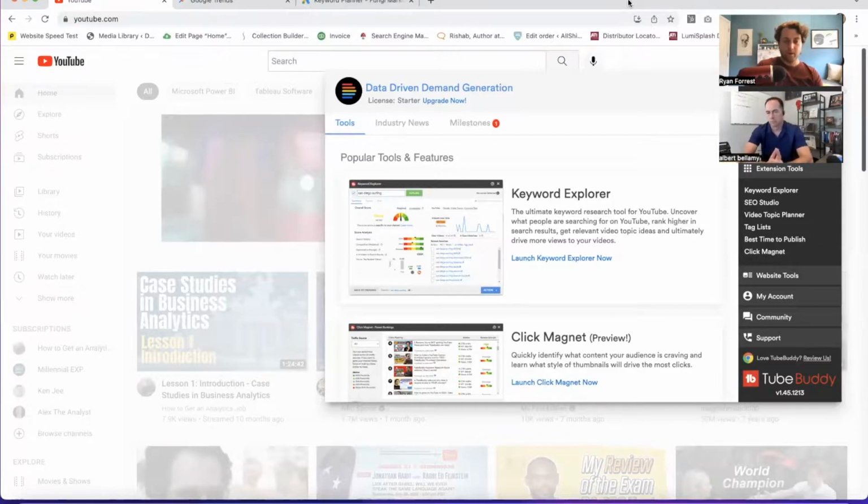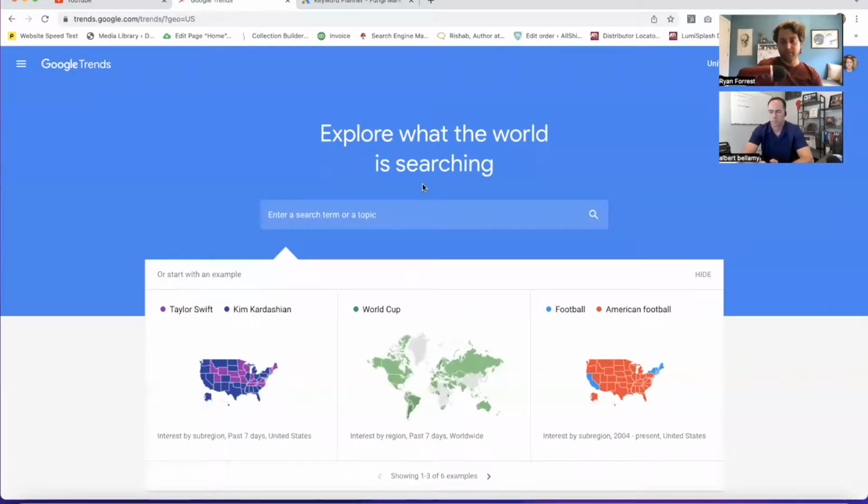Another tool that I use pretty regularly is Google Trends, which will give you general search volume for a variety of different terms. And you can narrow it down to specific regions or subcategories.